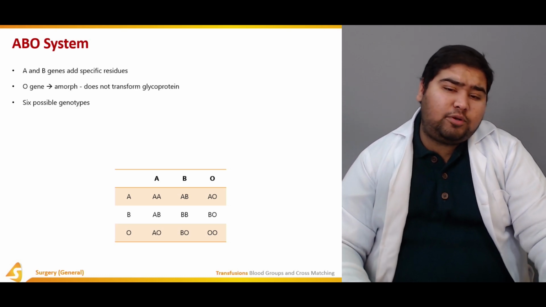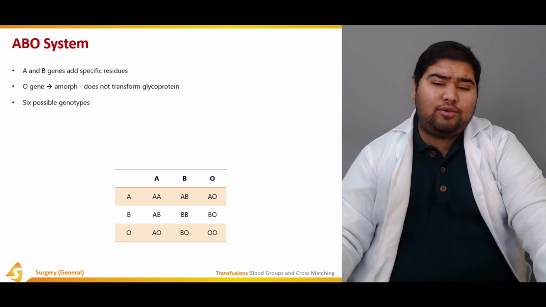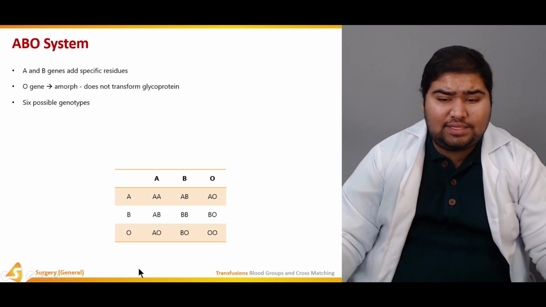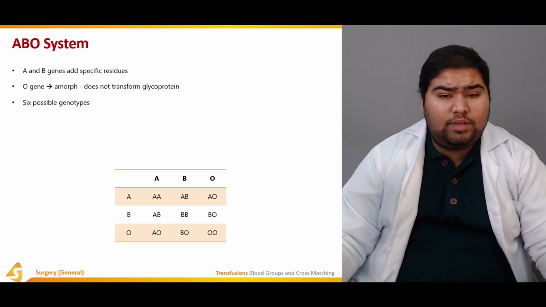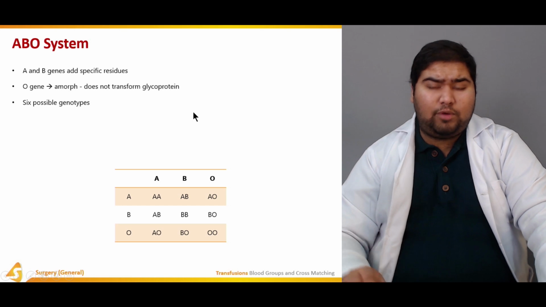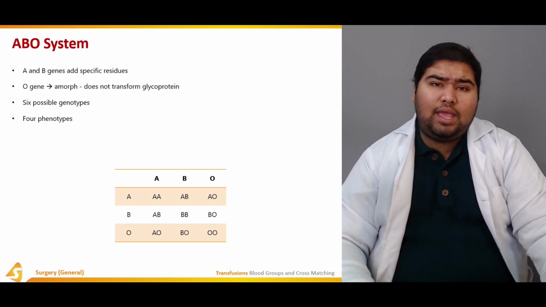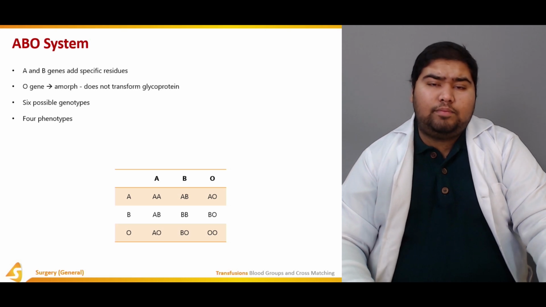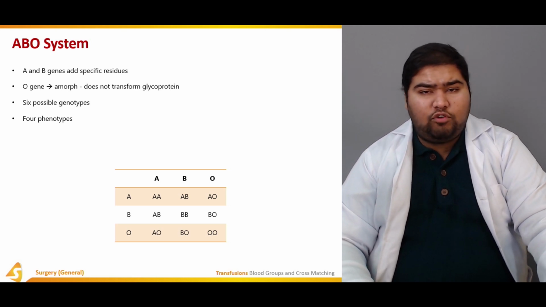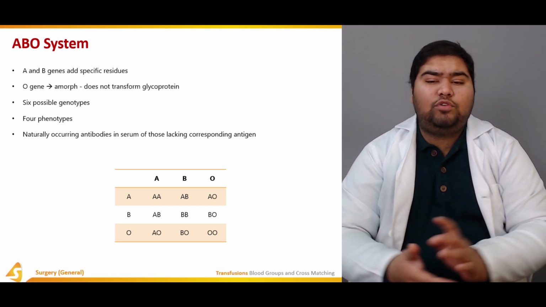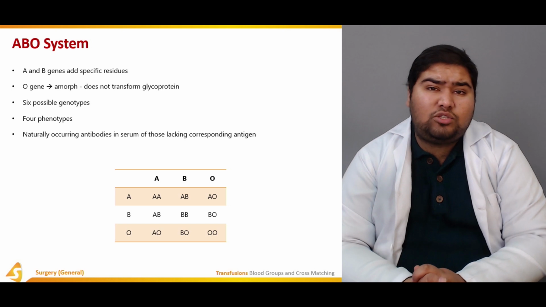So there are 6 possibilities in genotypes. Here you can see there are 6 possibilities in the genotypes: the AA, the AB, the AO. So we have 6 different types of genotypic possibilities. There are 4 phenotypes: A, AB, B, and O. The naturally occurring antibodies in serum of those lacking the corresponding antigens are already present.